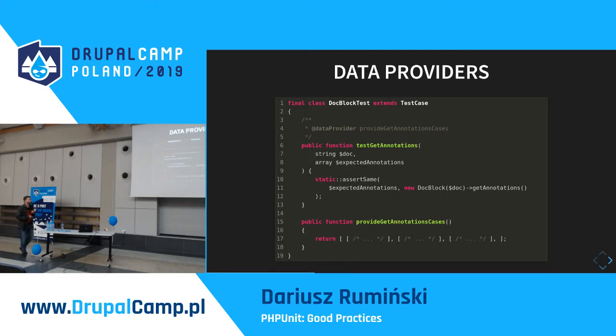This approach has an extra benefit: it makes it easier for people to add more and more cases. Because instead of copy-pasting the whole test method, and the whole setup of how we initialize the service, we just give more data scenarios.